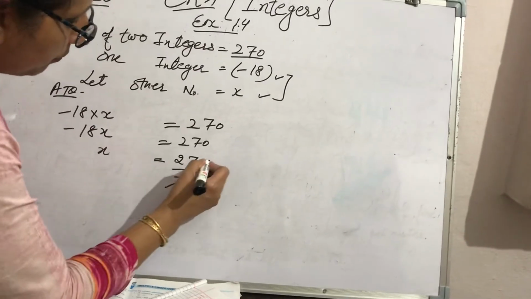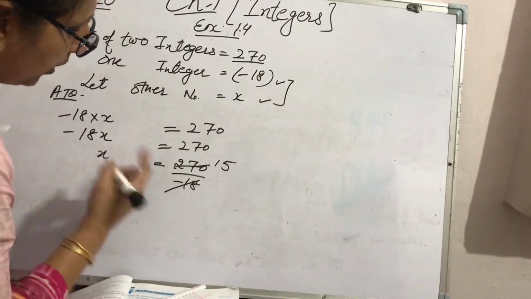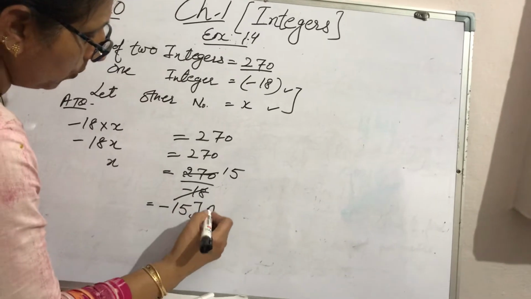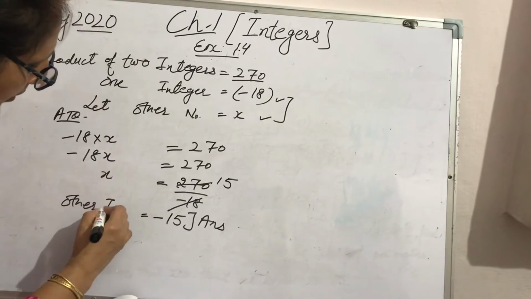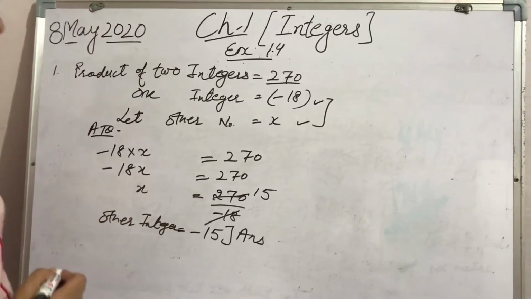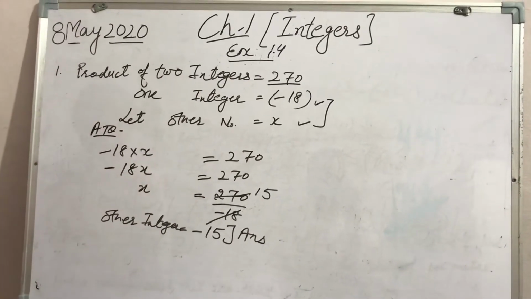So 18 15s are 270. There is one negative sign, so the answer will be negative. So the other integer will be minus 15. So check this question carefully and start.